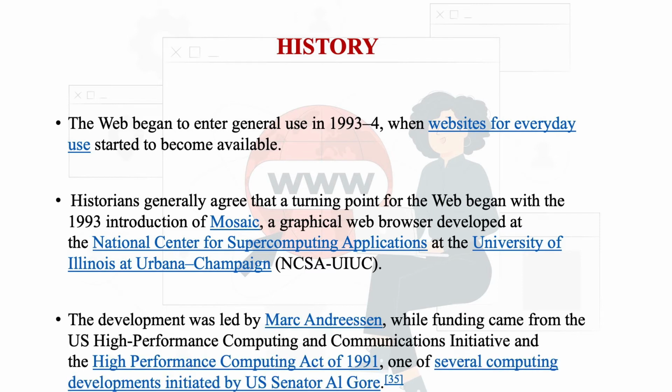The development was led by Marc Andreessen, while funding came from the US High Performance Computing and Communications Initiative and the High Performance Computing Act of 1991, one of several computing developments initiated by US Senator Al Gore.